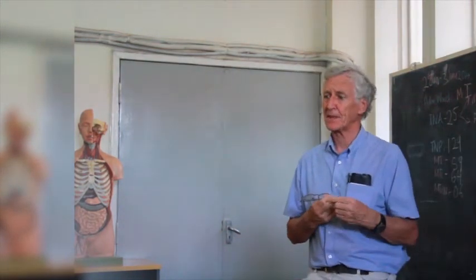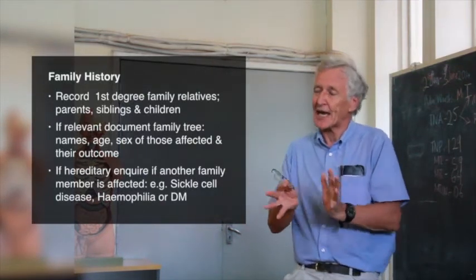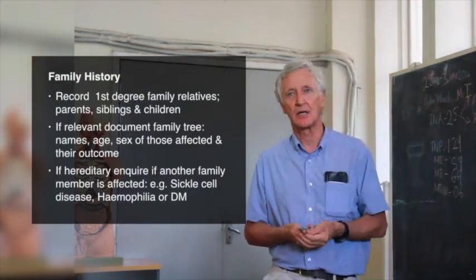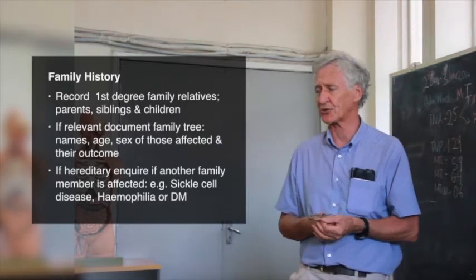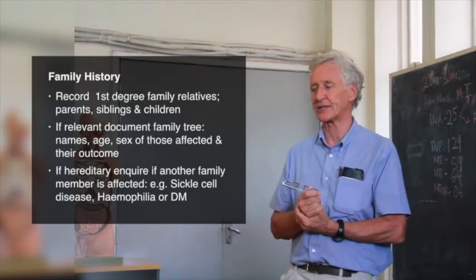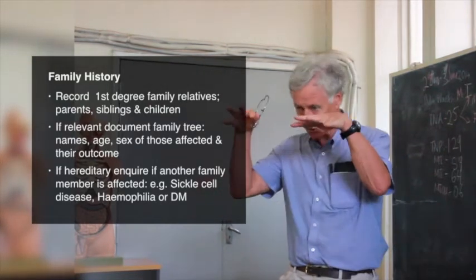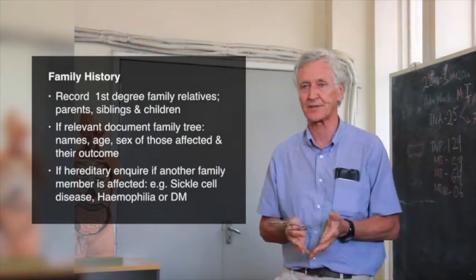Family history. Family history is important for two reasons. One, genetic, and two, environmental. So who do we ask about in family history? Well, a rule of thumb that I use are first-degree family relatives. That is, siblings, brothers or sisters, children, or parents.